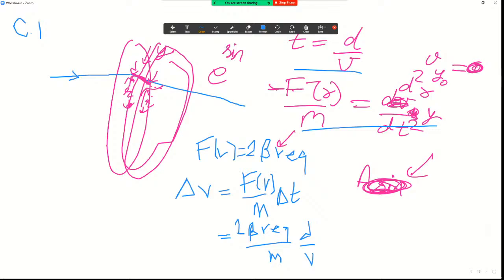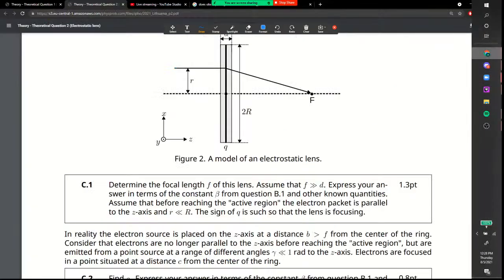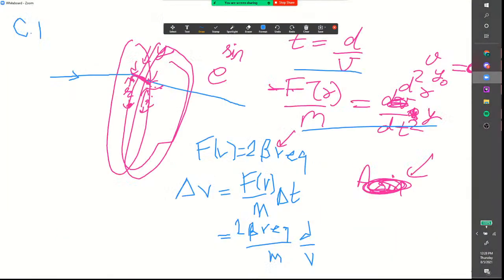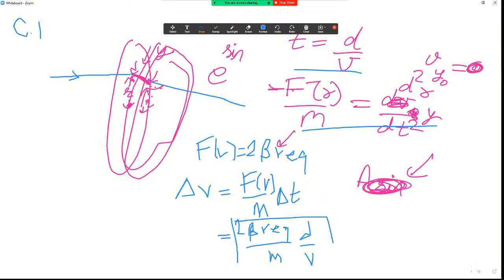And so the time for the electron to reach the axis is just going to be the vertical distance divided by its gained velocity. So it's just going to be, t is equal to m v over 2 beta r e q d. Actually, no, there's no more r anymore.